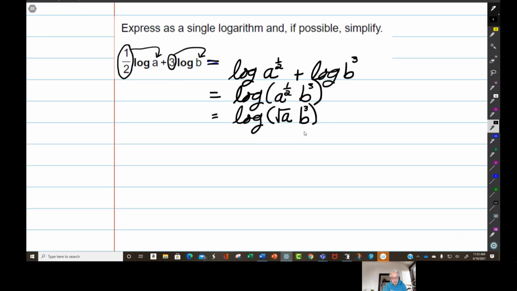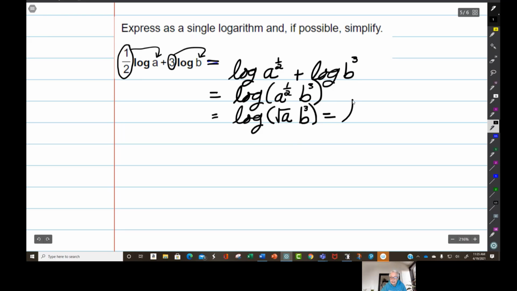And now, a fine point here. Anything outside the radical, here it's a square root radical, but anything outside the radical usually goes in front of the radical. So there isn't the danger of thinking it's underneath the square root.